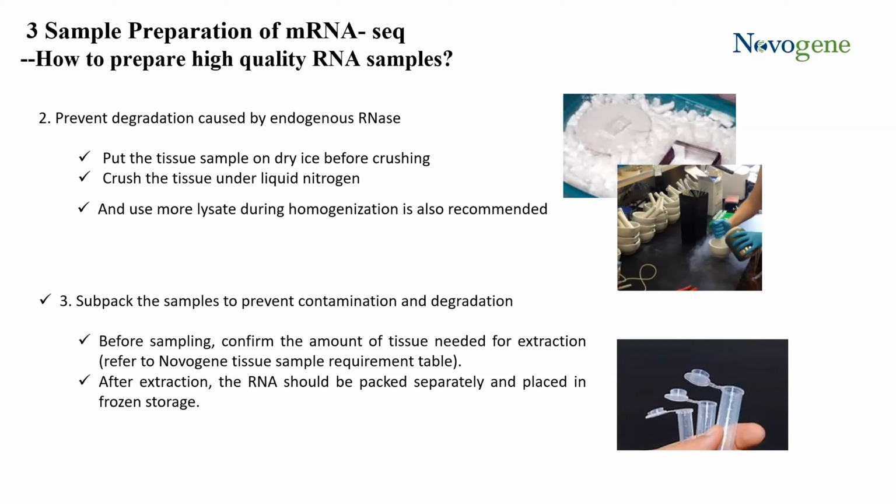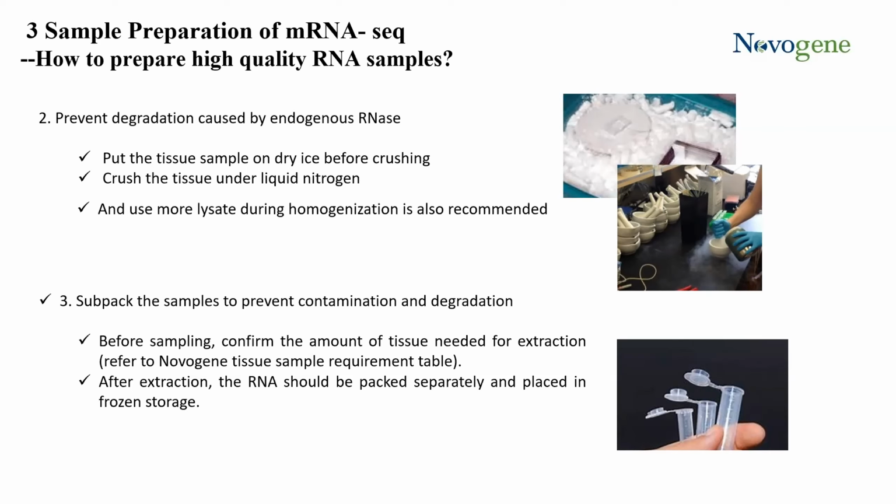Once you have extracted the RNA, make sure that the RNA is stored well. Before sampling, you should always confirm that the amount of tissue you are using for extraction is right. If you start with a low amount, your output will be low, but if you overload your RNA column, then the quality will be low. So always make sure the correct amount of tissue is used.